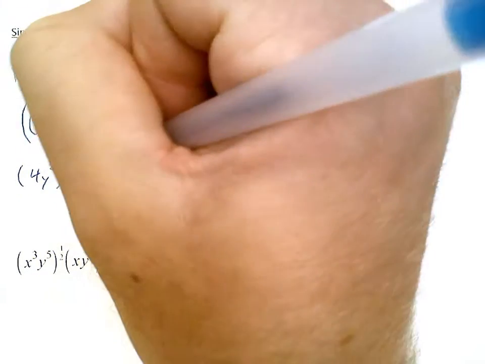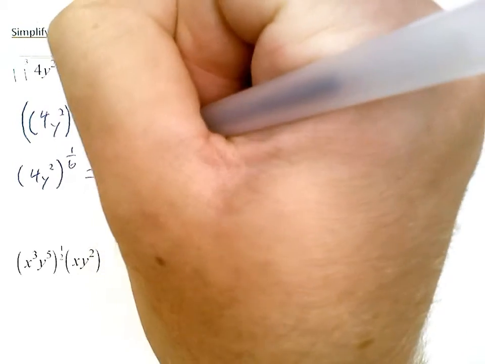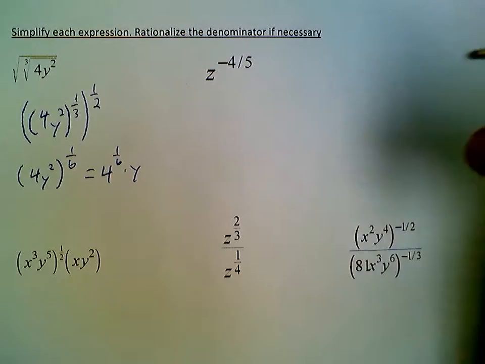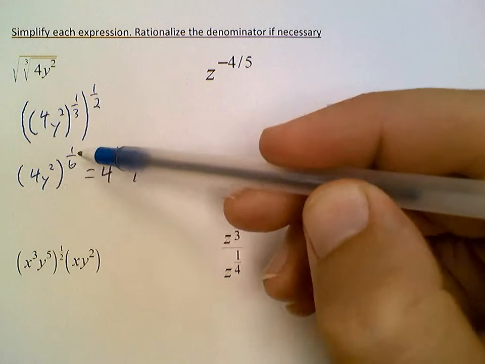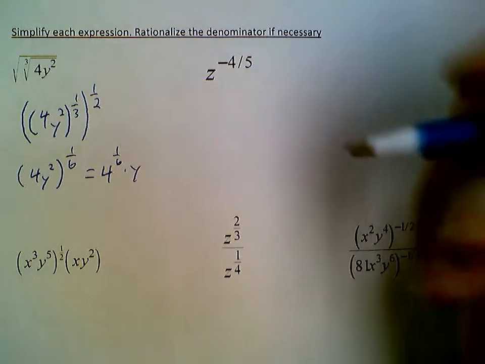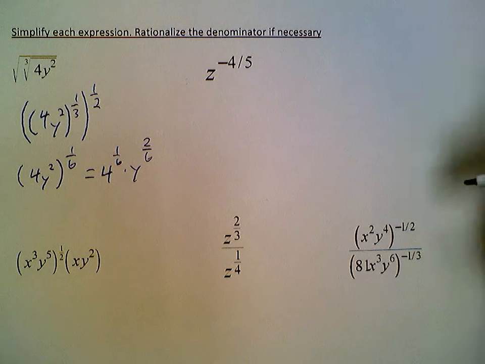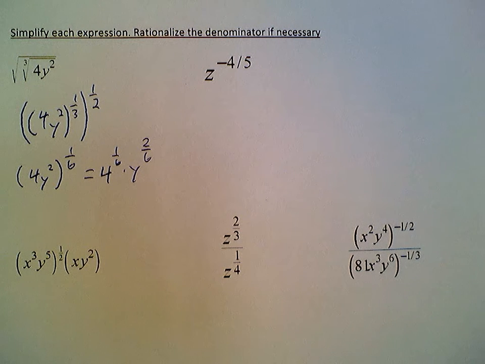So what I have is 4 to the 1/6 times y to the, now remember, when you take a power to a power, you multiply. What's 2 times 1/6? 2 times 1/6 is 2/6. So y to the 2/6 power. Well, 2/6. What can I do with that? I can simplify it. 2/6 is the same as 1/3.